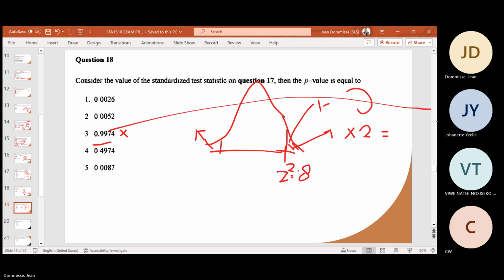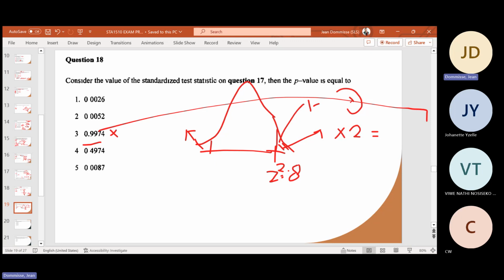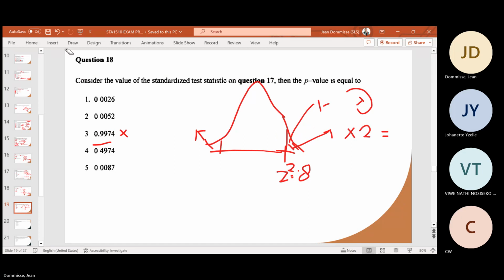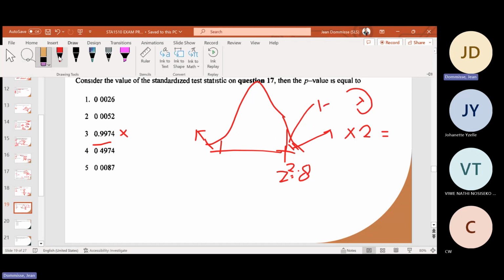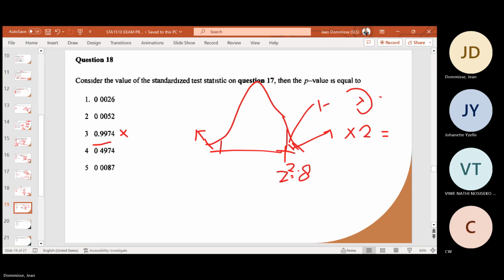So let's do that. So 1 minus that gives us 0.0026. And then we need to multiply it by 2, so 0.0052, which is option 2.